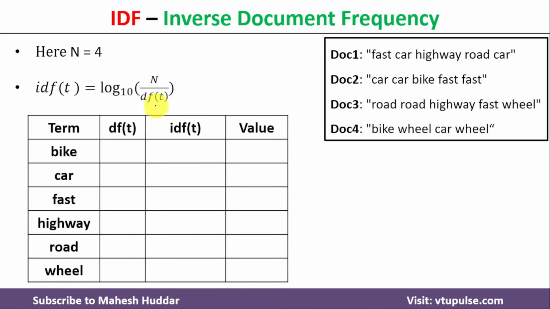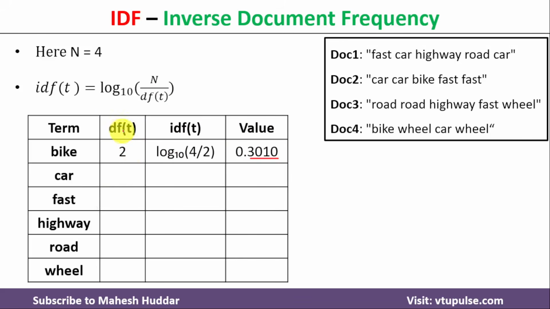First I will calculate the df of t with respect to bike. df of t is nothing but the count of the documents in which bike is present. Here we can see that bike is present in document 2 and document 4, so df of t with respect to bike is 2. So we know the df of t and the n value, so we will find the IDF of t, which is equal to 0.3010.